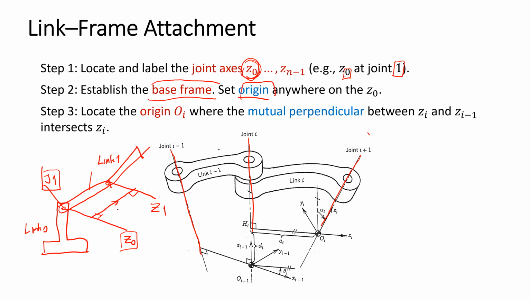So you may set the x0 here, or you can set the x0 along the link. But of course, you may prefer to set the origin of the frame in the choice that makes the DH parameters become 0 as much as possible.